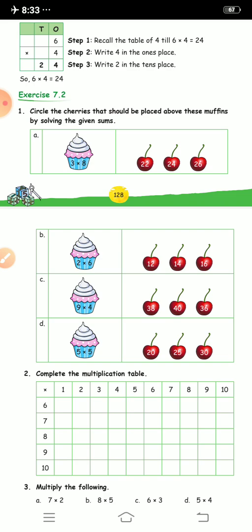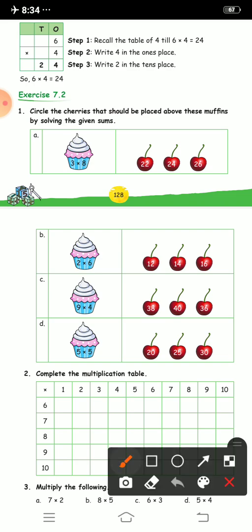So let's recall the table of 3. 1 threes are 3, 2 threes are 6, 3 threes are 9, 4 threes are 12, then 5 threes are 15, 6 threes are 18, 7 threes are 21, 8 threes are 24. You can recall the table of 3 or the table of 8, the answer will be the same, that is 24.